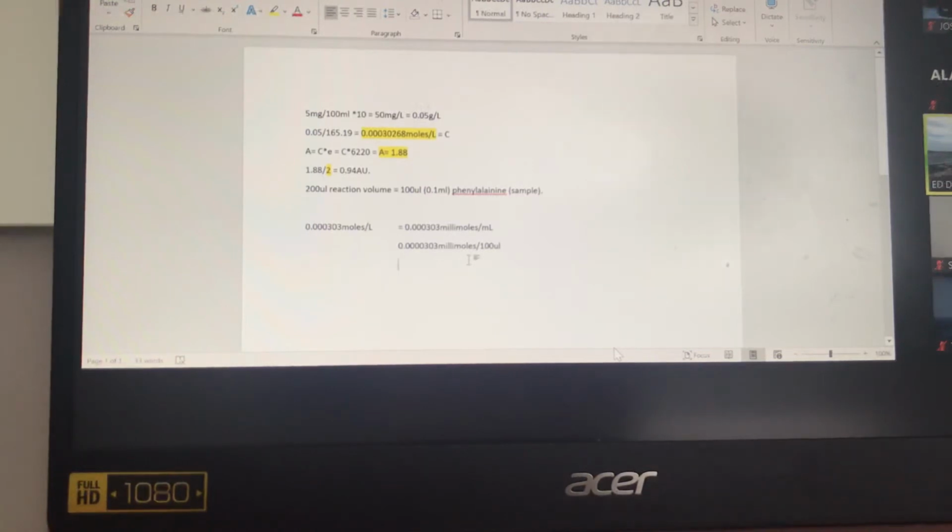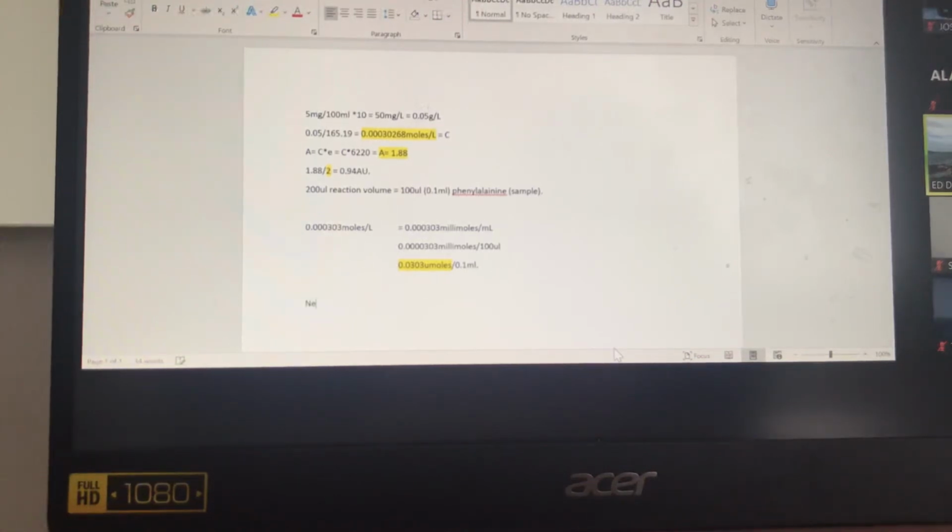And to go from millimoles to micromoles, you would times by 1,000, which is 0.0303 micromoles per 1 mil. So this is the number of micromoles of phenylalanine you could maximally expect to find in your sample.